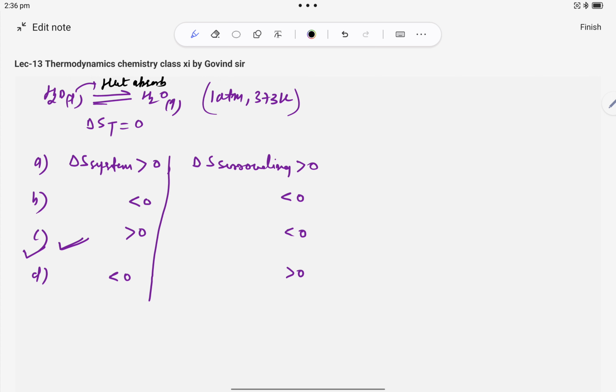That means the system enthalpy change is positive, so delta S of system is greater than 0. And in the second case, delta S is delta Q upon T, and it is positive for the system. In the second case, the surrounding is less than 0. If the system is greater than 0, definitely the surrounding will be less than 0. That's it.